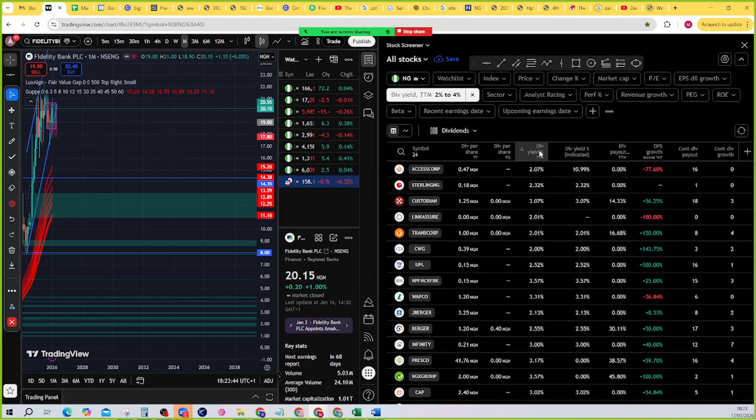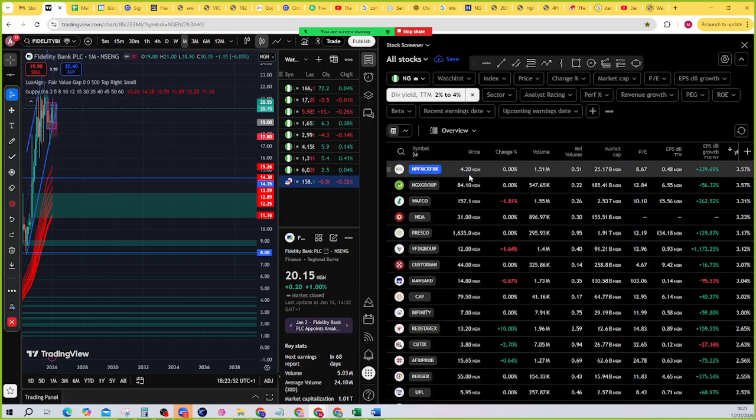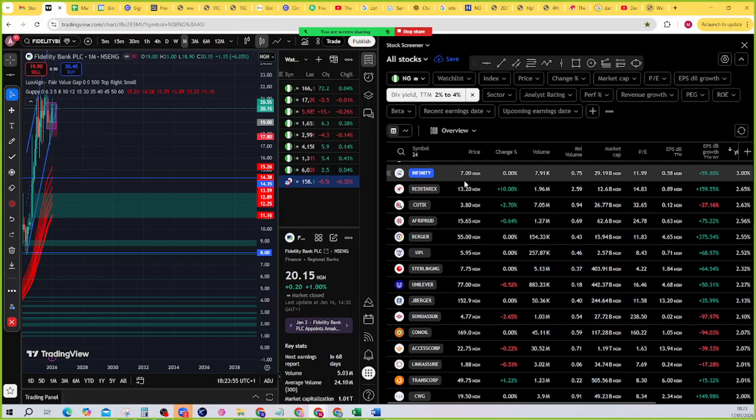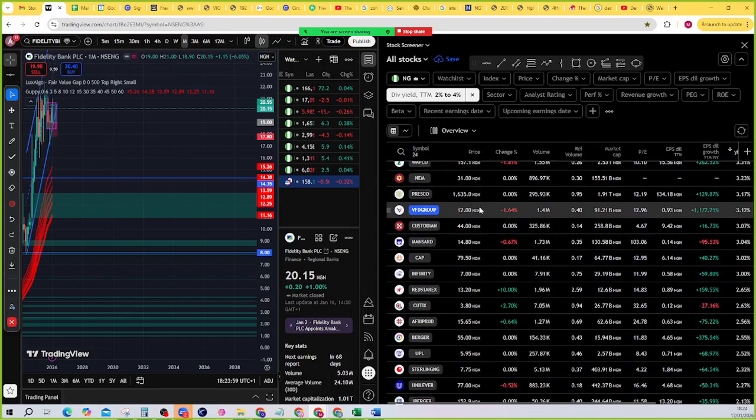Okay, let me sort it and see. Because I don't think Access is 2%. Will Access be 2%? I doubt it. Let me go back to valuation overview. I'm not sure Access should be giving me 2% dividend yield, but that is just how to use the filter. So I've spent so much time on that.